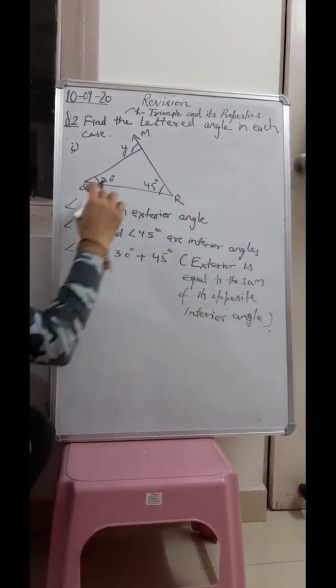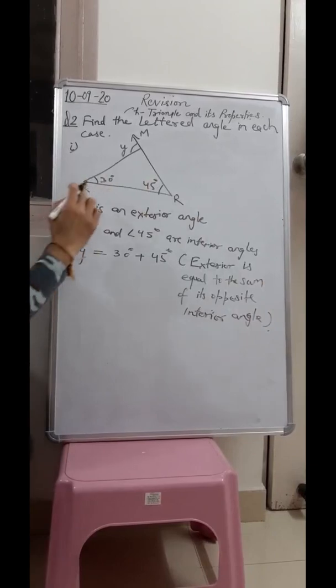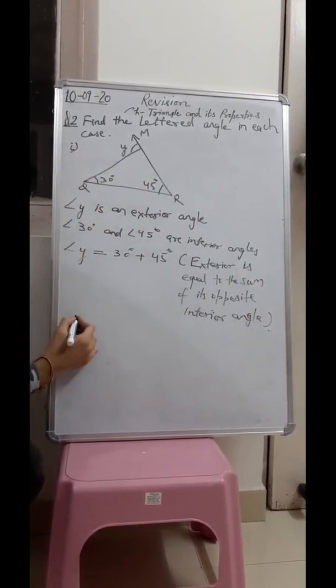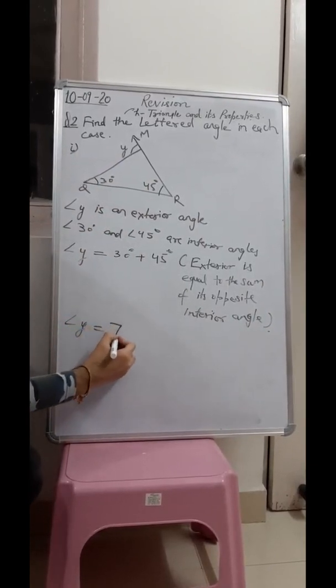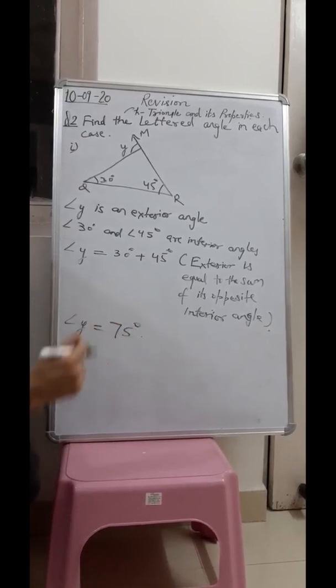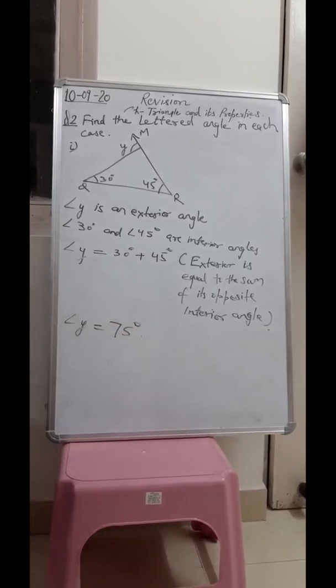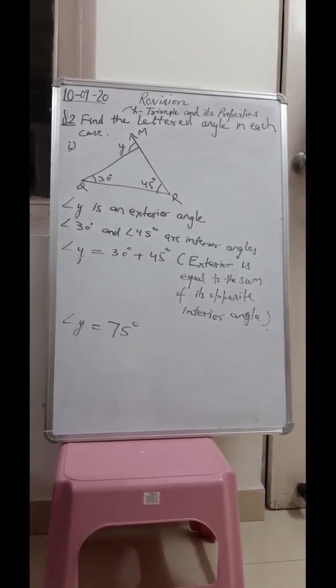So here in this question 30 degree and 45 degree are interior opposite angles to angle Y. So angle Y will be equal to 75 degree. So this is the answer, that is angle Y equal to 75 degree.